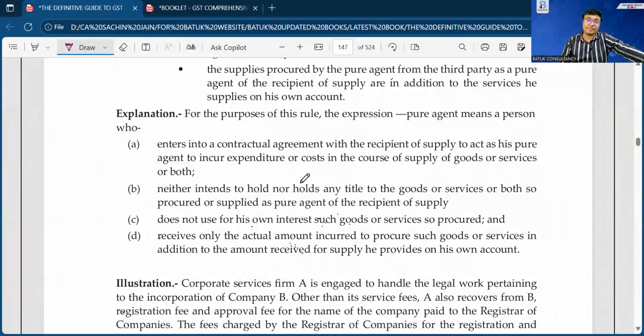Also, we'll discuss the applicability of GST in case of discount, the various types of discount, that is financial discount and trade discount. We'll also discuss how GST will be applicable in case of penal interest, and how we can bifurcate the penal interest, and the GST implications, in our next session.